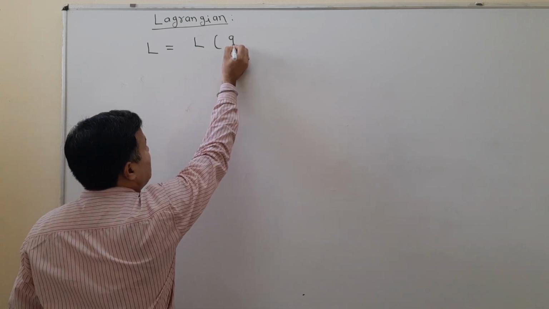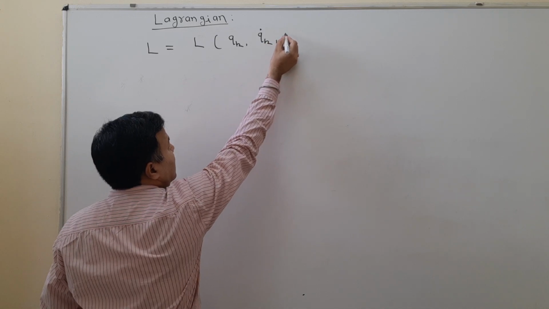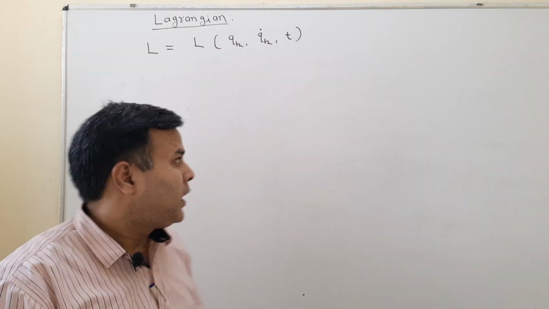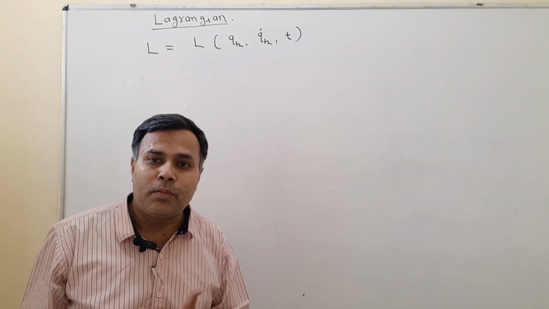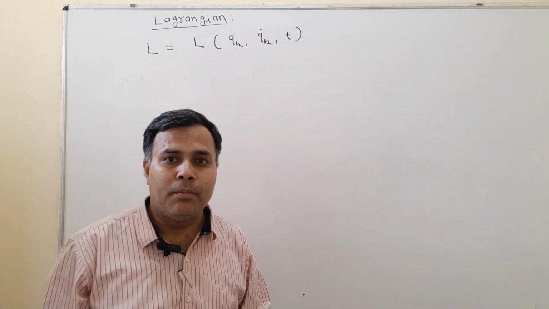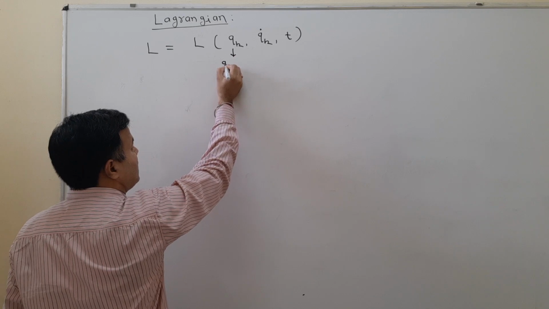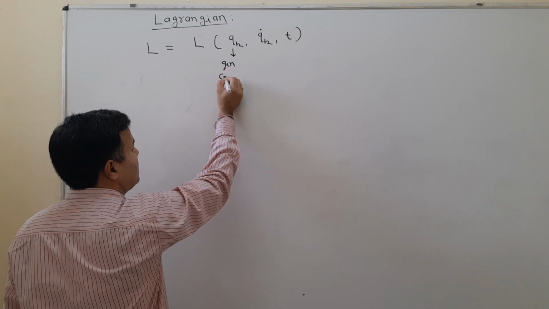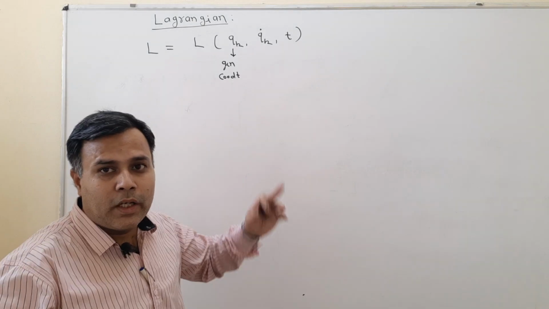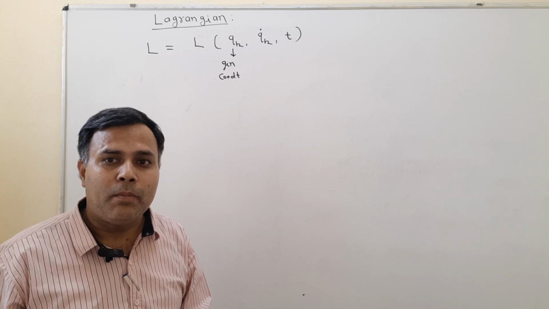L of qk, qk dot, and time explicitly, where qk, I have already discussed the concept of generalized coordinate and degree of freedom. So qk is a generalized coordinate, and qk dot is simply dqk by dt.